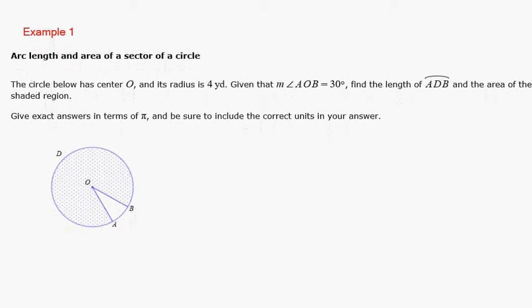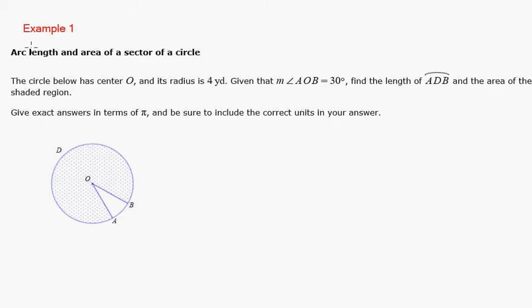In this video, what we're going to do is try to find the length and area of a sector of a circle. We think of a sector as part of a circle, but not the whole thing. Here we're given a circle, center at O, and it has a radius of 4, so R equals 4.